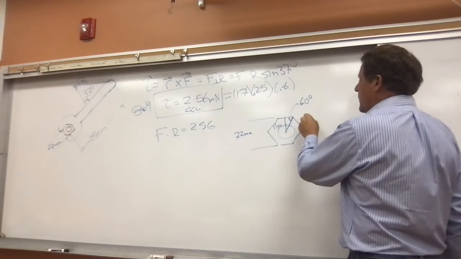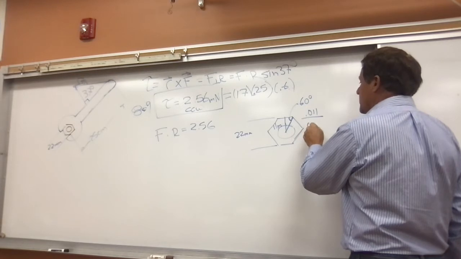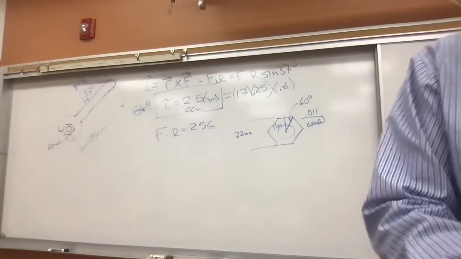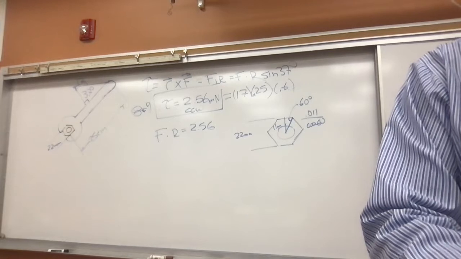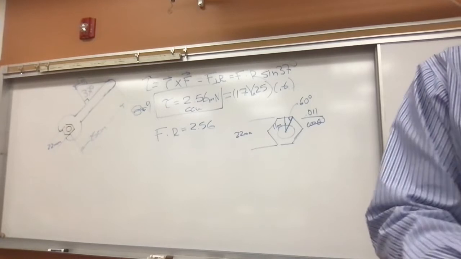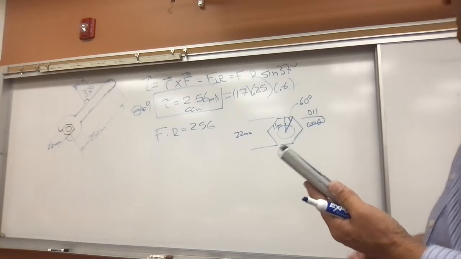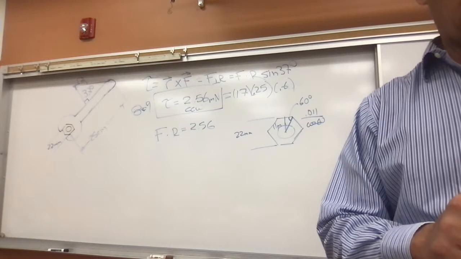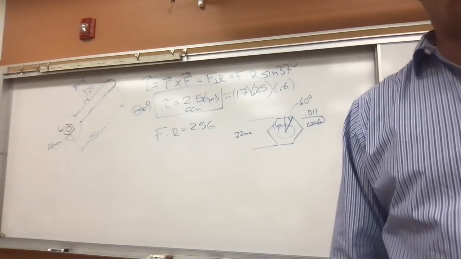So we're going to say 0.011 divided by the cosine of 60 degrees. Sorry, we wanted that to be the sine, not the cosine. 0.011 divided by the sine of 60, which is 0.0127.